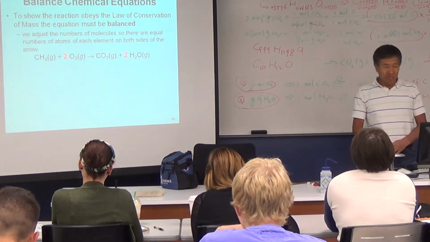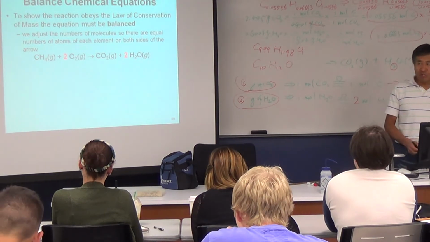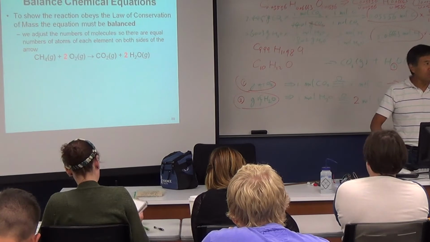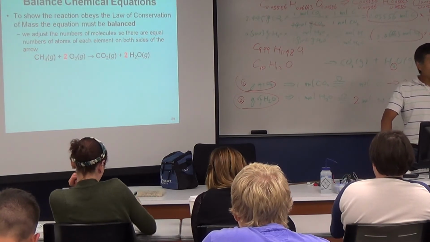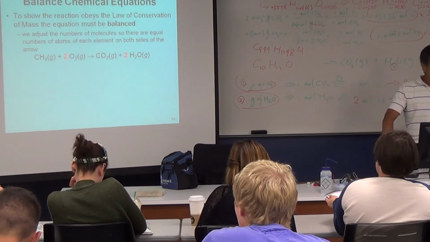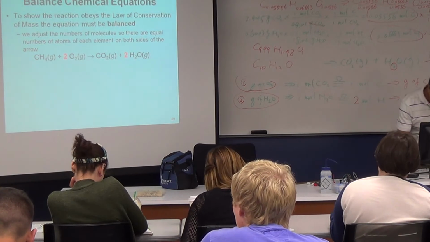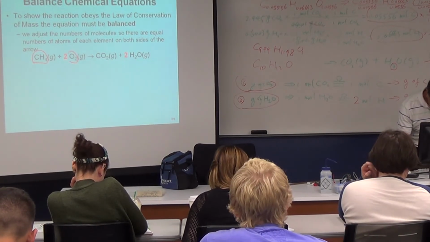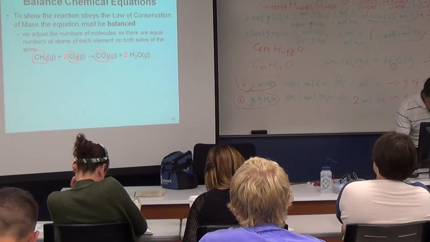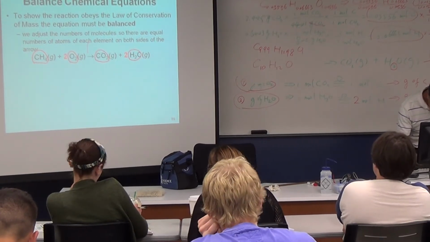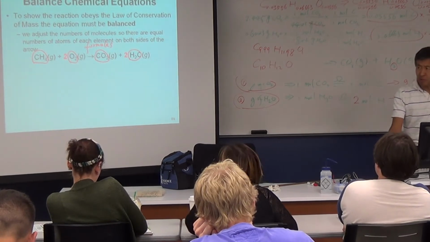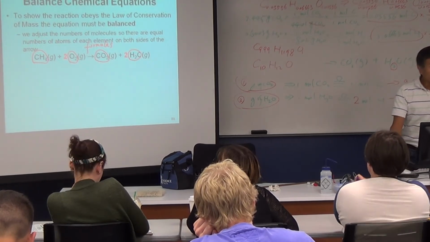When you have a chemical equation, let me emphasize a few terminologies. Then I will tell you what to use when you balance. Let me circle this one, and this one, and this one, and this one. We call them formulas.